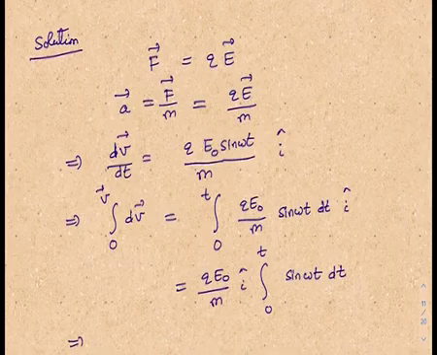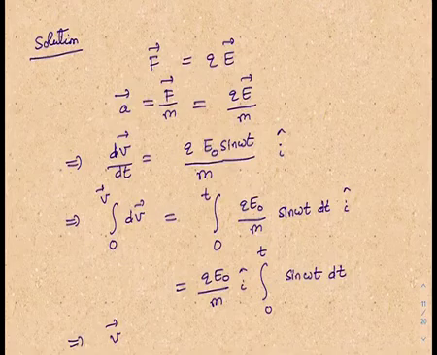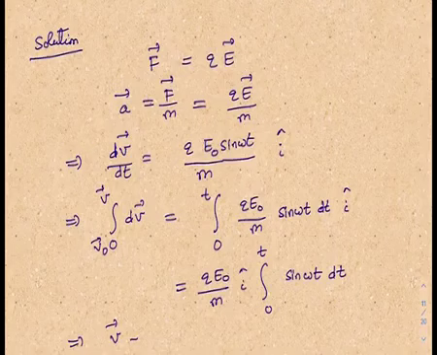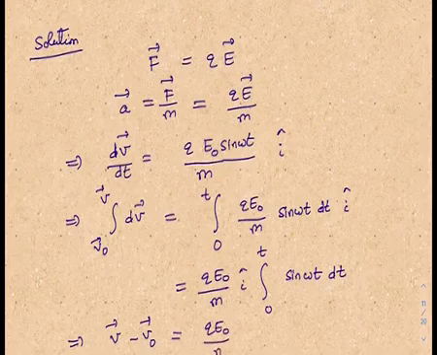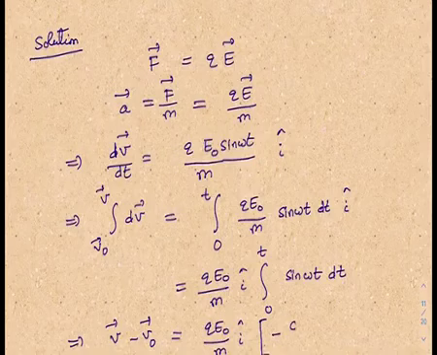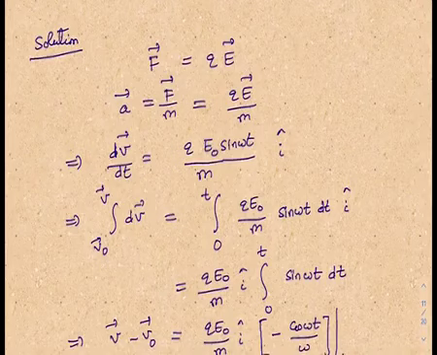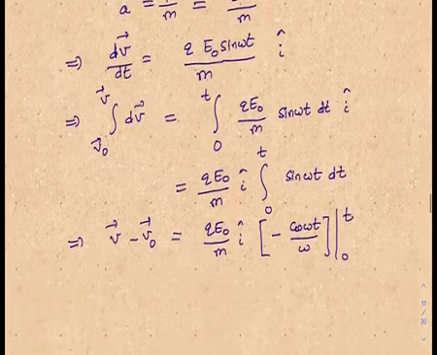If I integrate this, for your understanding let me write v minus v0, that is equal to q E0 by m I cap, and the integral would be minus cos omega t by omega, with limits from 0 to t.